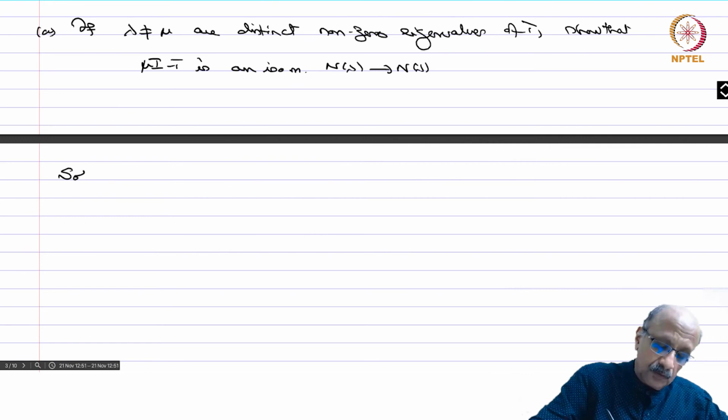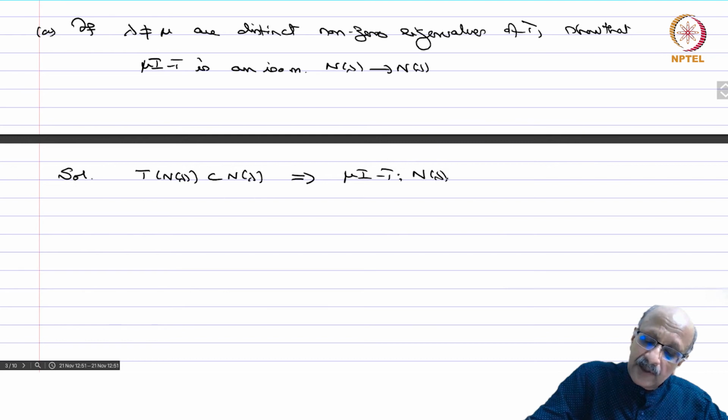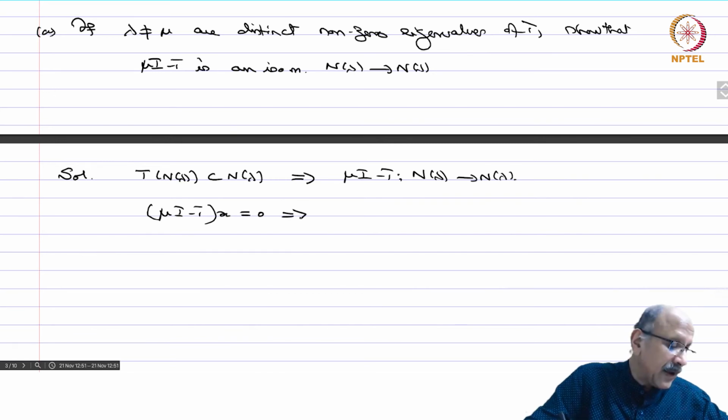So solution, T of N(lambda) we saw was in N(lambda), we saw that already, and therefore this implies mu I minus T also maps N(lambda) into N(lambda). Okay. And if (mu I minus T)x equal to 0, this implies that Tx equal to mu x.